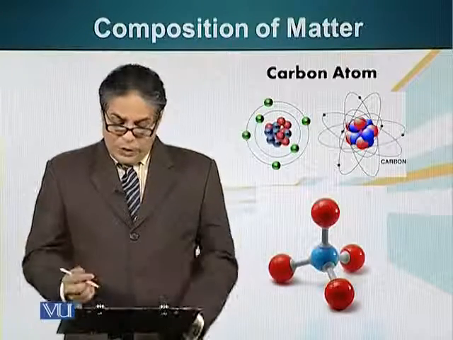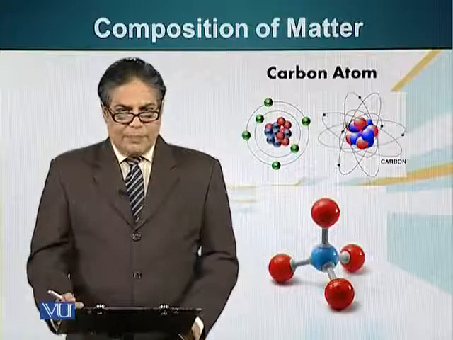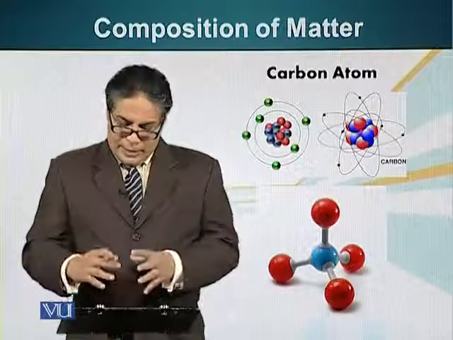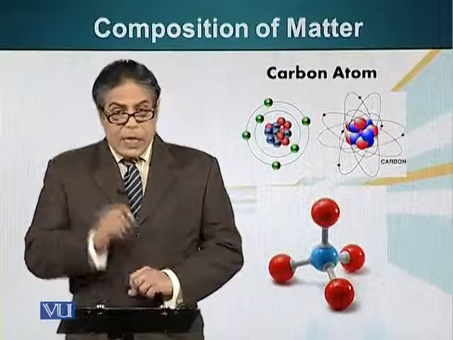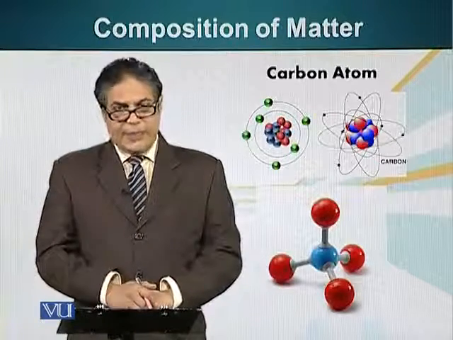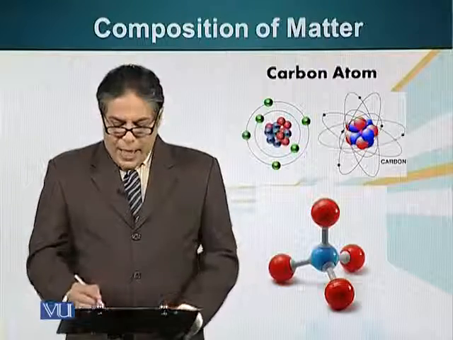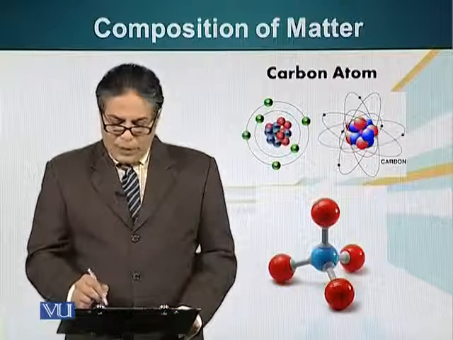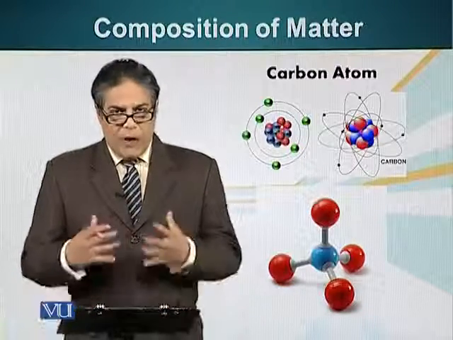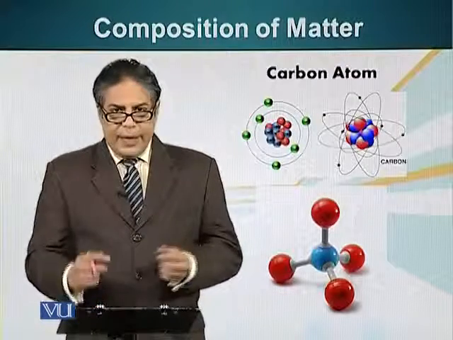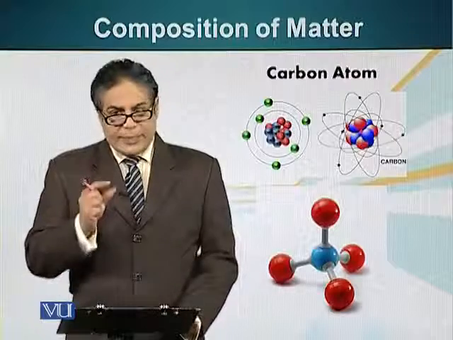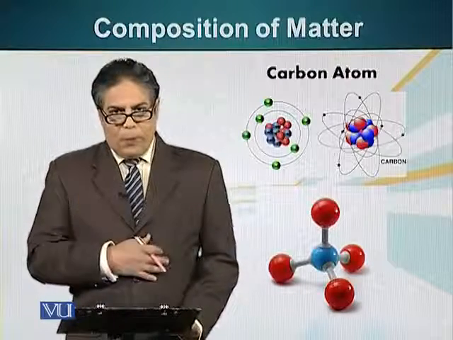In fact, if you notice at the bottom of the slide, there is a structure of 5 different balls. The blue ball in the center represents carbon atom, and the 4 red balls that are attached to it are the hydrogen atoms. They're attached to the blue ball by a gray stick. The stick represents a covalent bond.